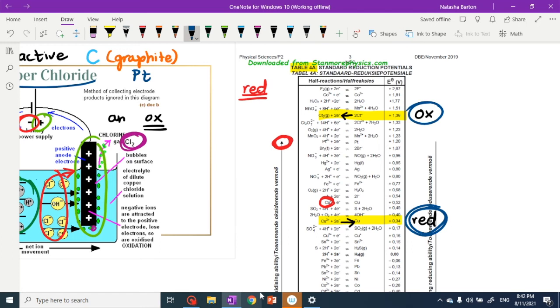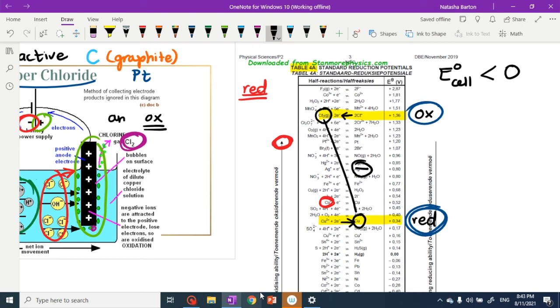We know from this table that it is a non-spontaneous reaction because if we take the product and connect them, we get a negative gradient, indicating a non-spontaneous reaction. Remember, you can also make use of a calculation to calculate the cell potential, and in this case you're going to get a negative cell potential. This indicates a non-spontaneous reaction.